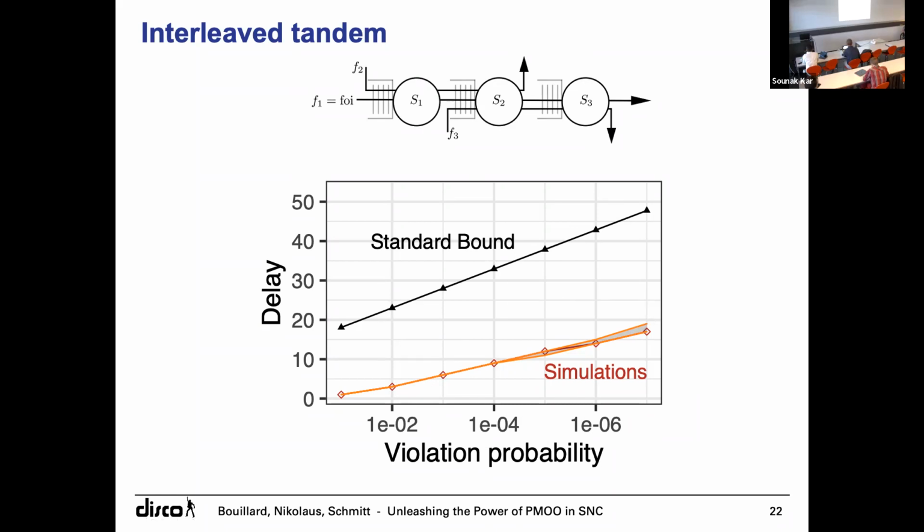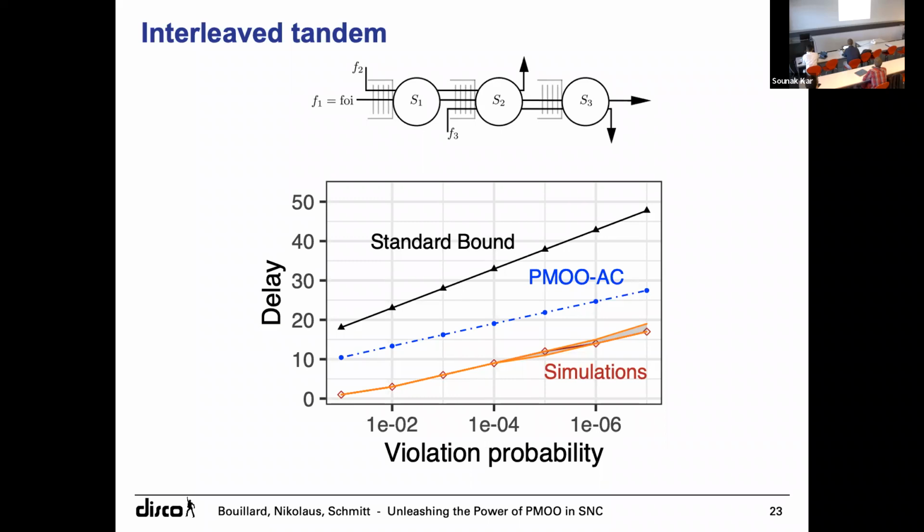And if we now add our new PMO-AC analysis, we see that the gap is basically cut by half. What is also noticeable is the scaling behavior: if we decrease the violation probability, the gap to the state of the art further increases, whereas the PMO-AC is able to mimic the exact same slope.